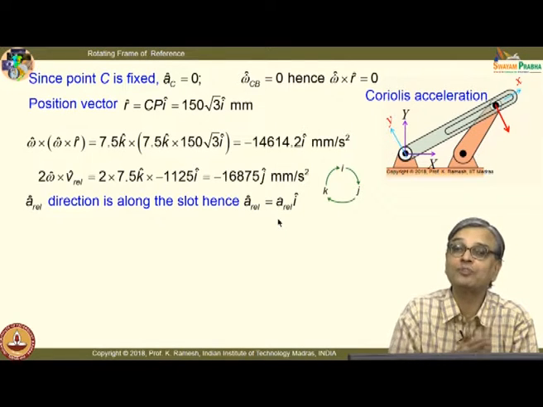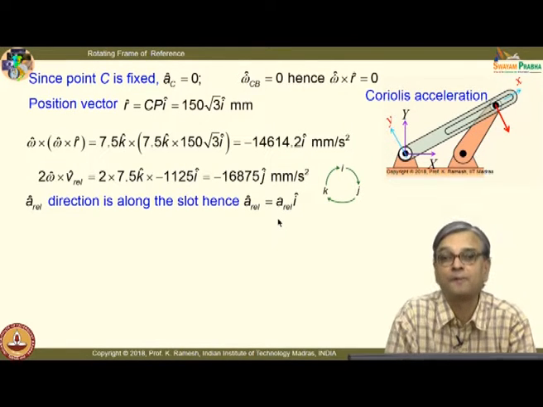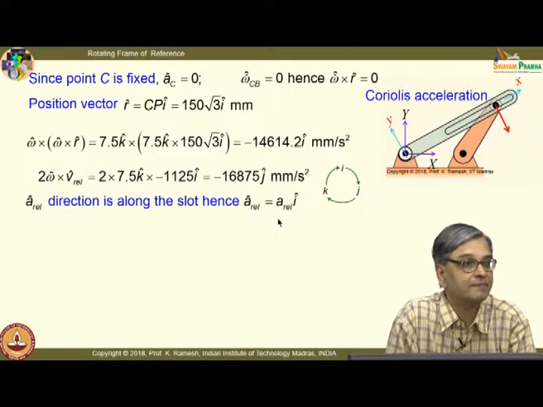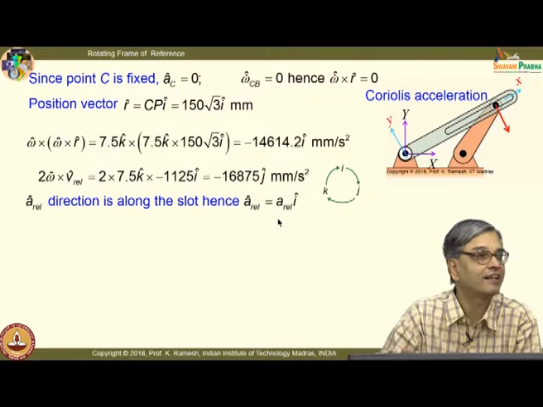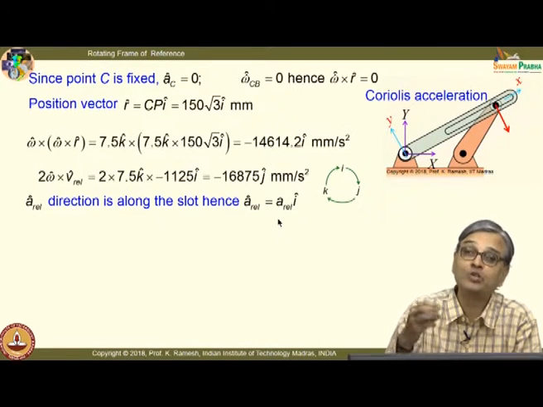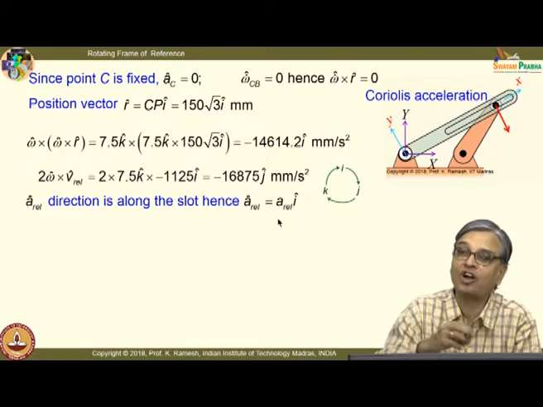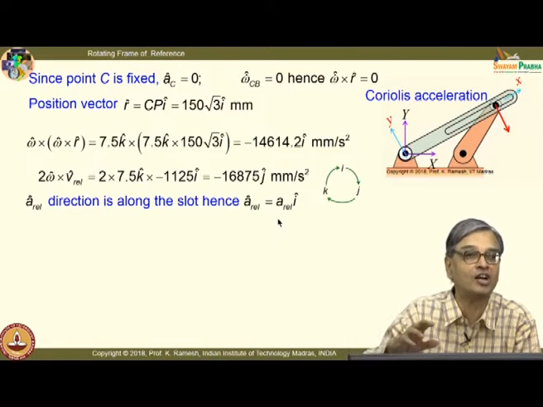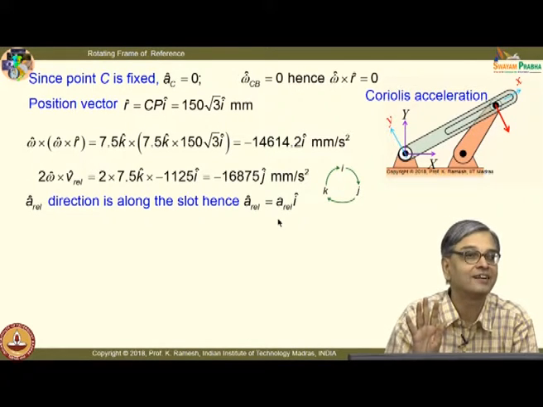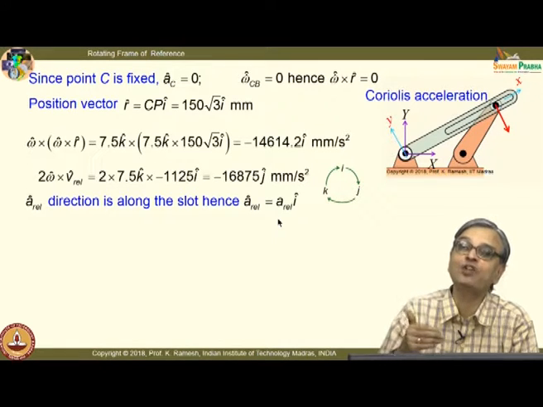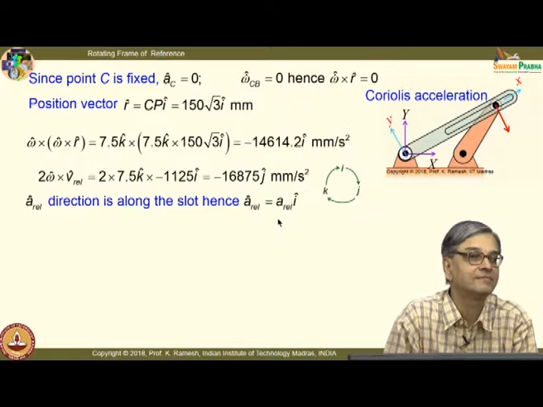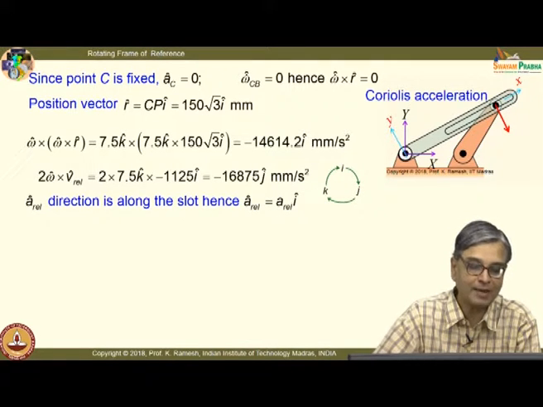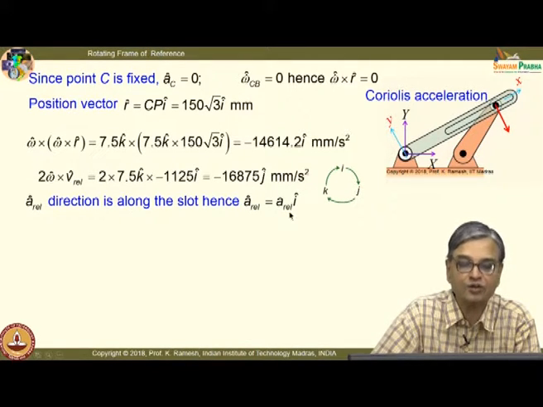And you go back to your previous problem where we had done the quick return mechanism of shaper. There again you had a slot which is straight. Visualizing velocity along the direction of the slot is okay, but saying acceleration will also be in that direction requires some imagination. Okay. So, you have to appreciate this A rel equal to A rel i.